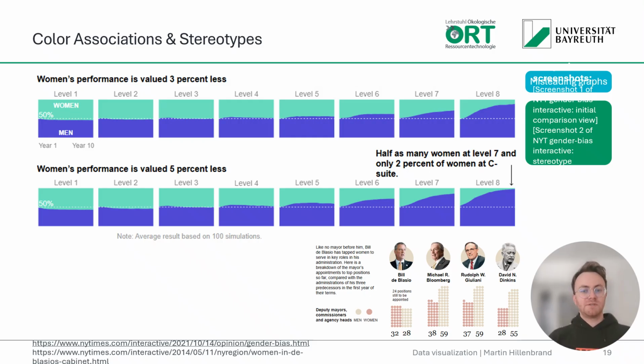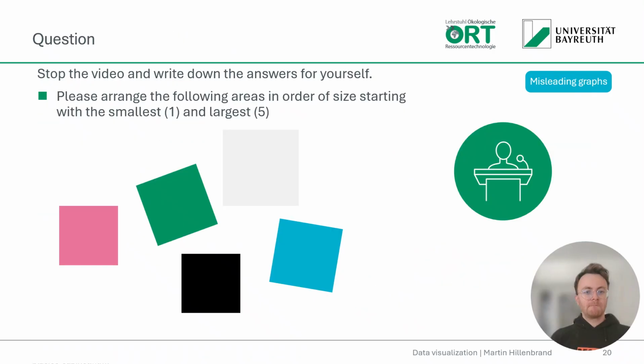And at the bottom, you see a representation of the genders within the different teams of, I think, senators. If you want to look at those data visualizations, the New York Times is doing very good data visualizations and is very aware of stereotypes and which colors are associated with what. So feel free to also look at those interactive simulations.